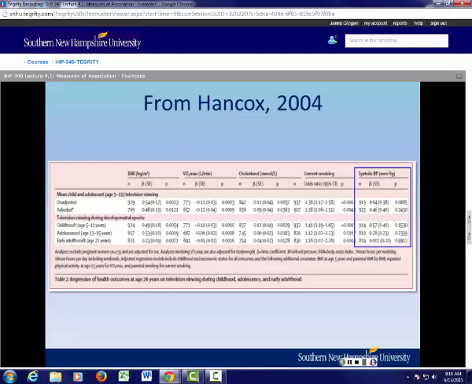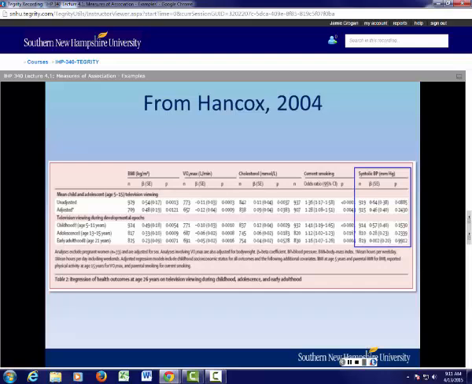Now I want you to notice for each of these, with the exception of current smoking, the N is reported. N is the number of people in the analysis. The next column is a funny looking B, that stands for beta, and in parentheses is SE, that stands for standard error.